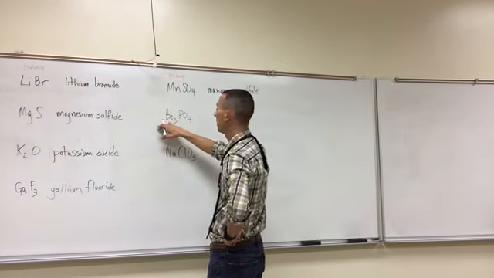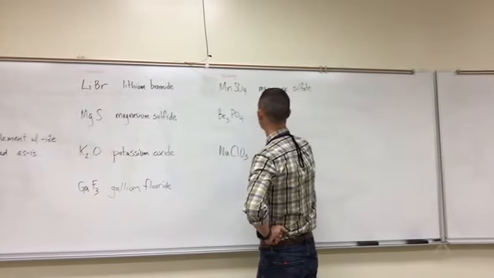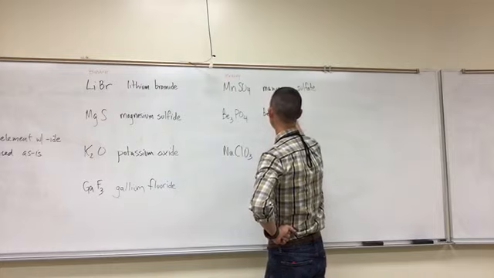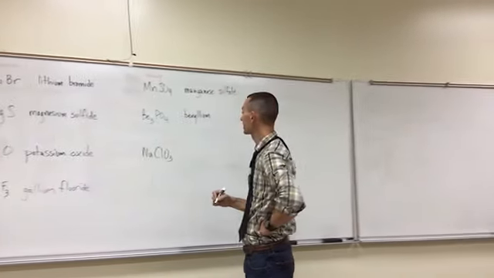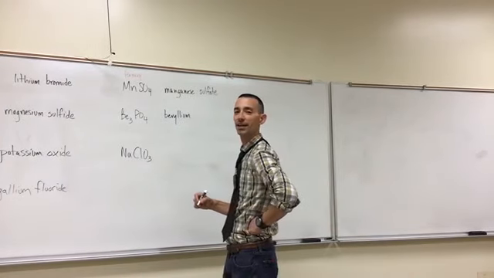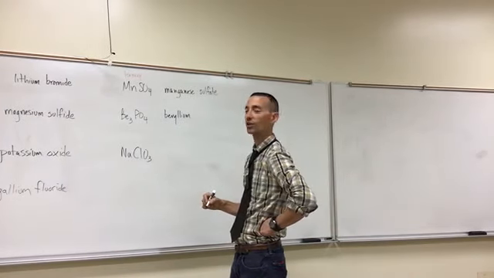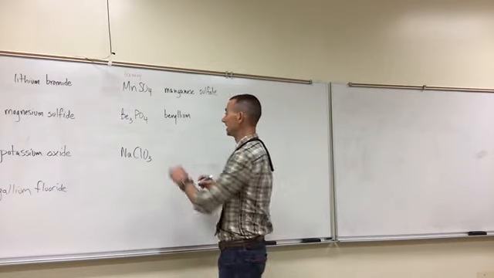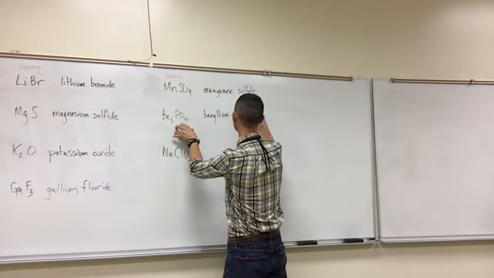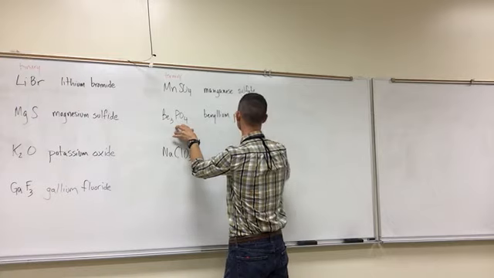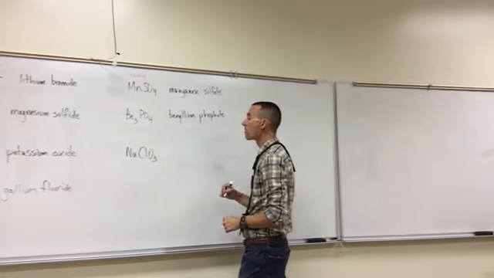All right. The next element we have is beryllium. This was one that I had to accept lots of alternative spellings for on the first exam. Beryllium, B-E-R-Y-L-L-I-U-M is beryllium. And then the PO4 is the phosphate polyatomic ion. All right.